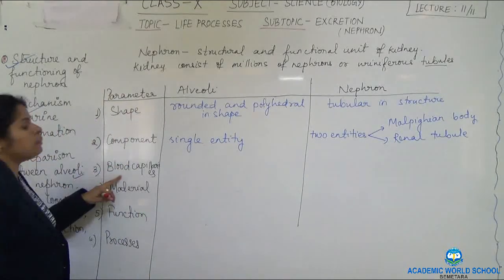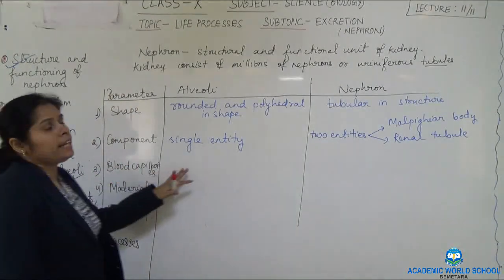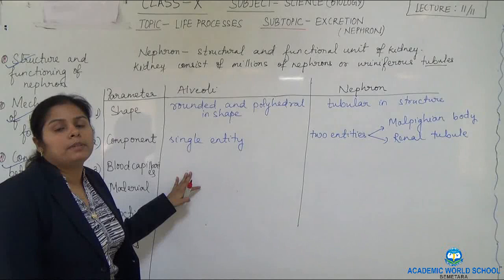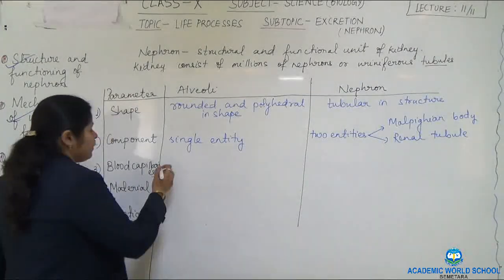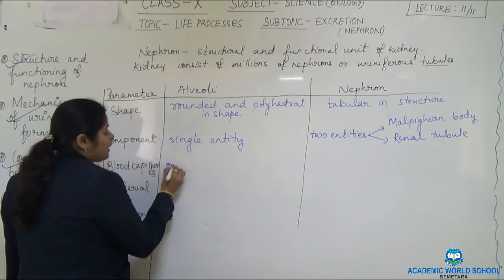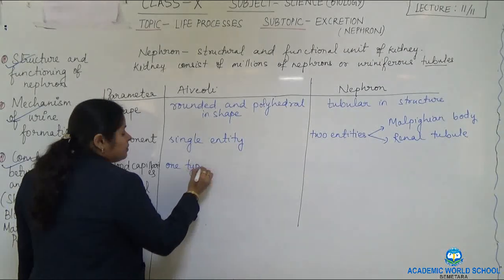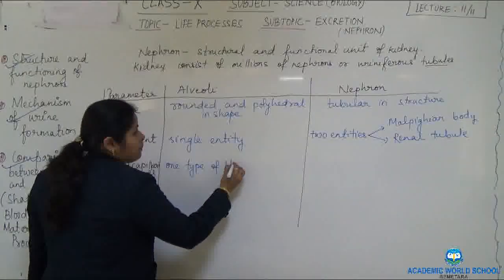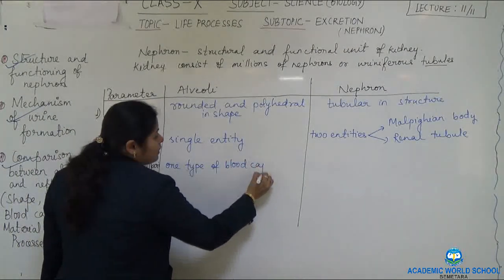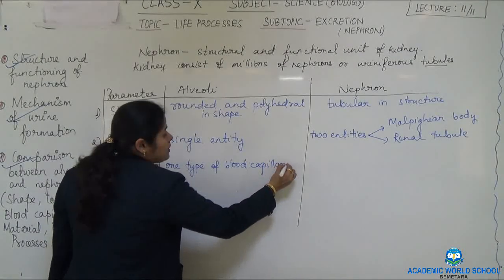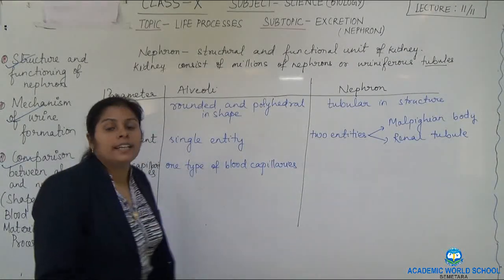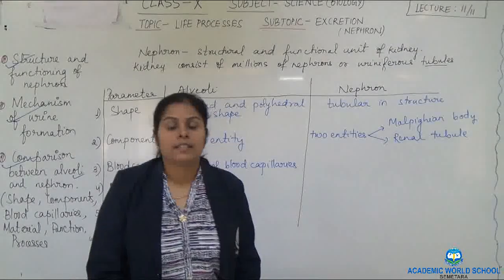The third one is blood capillaries. In alveoli, only one type of blood capillaries is present. Whereas what we saw in nephron, that there are two kinds of blood capillaries.